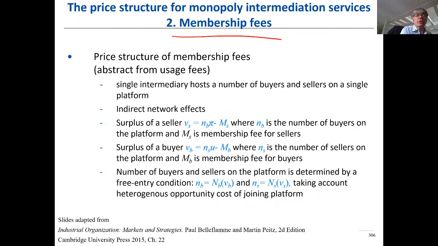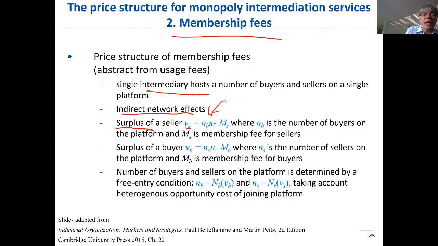Okay, so our starting point is we have a single intermediary who hosts a number of buyers and sellers on its platform, and we have indirect network effects. That's what I already told you. And the surplus of a seller, denoted as VS, depends on how many buyers you have on the platform.